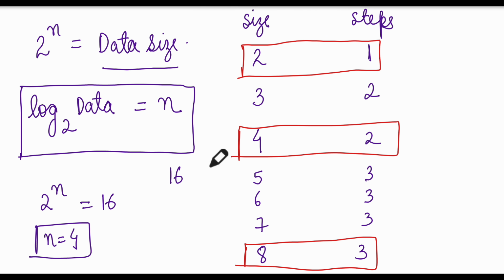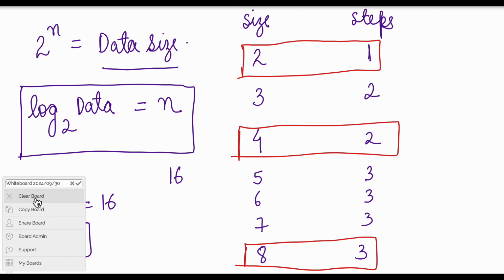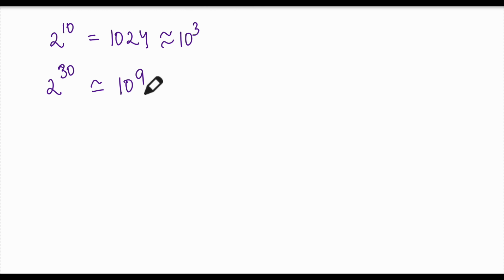Now let's try to understand the power of log n time complexity, which we were saying earlier. We know that 2 raised to the power 10 is equal to 1024. 2 raised to the power 30 is approximately equal to 10 raised to the power 9, which is a billion.